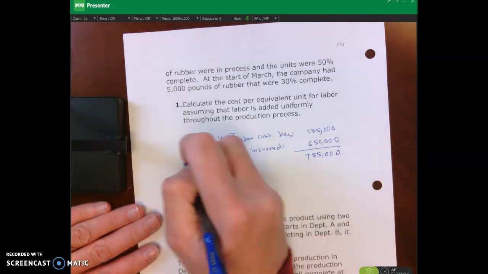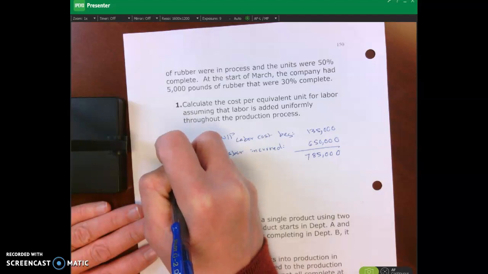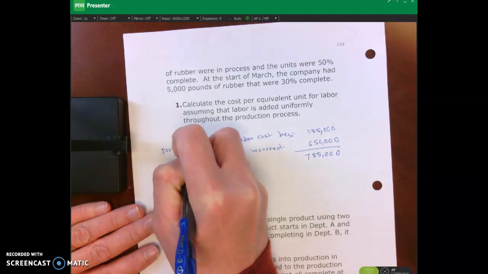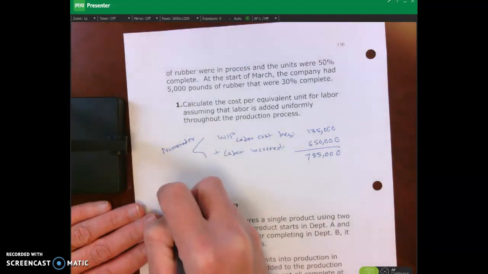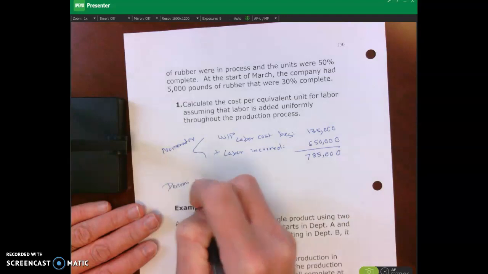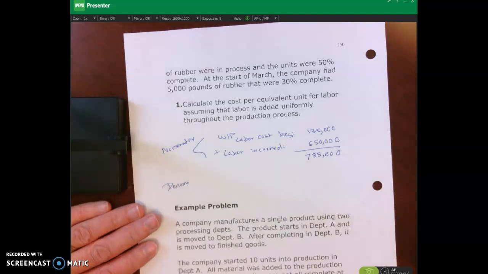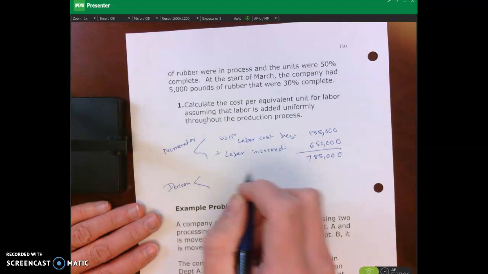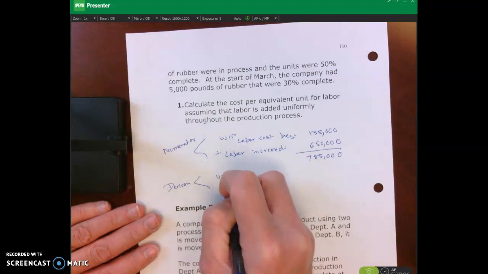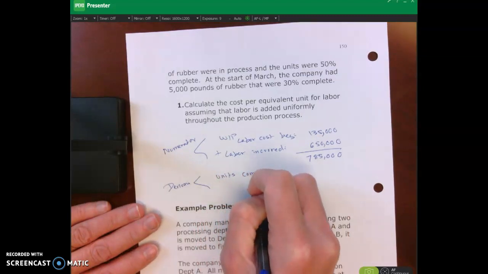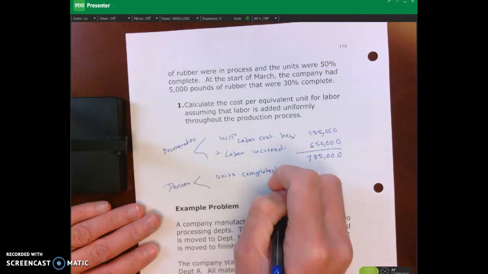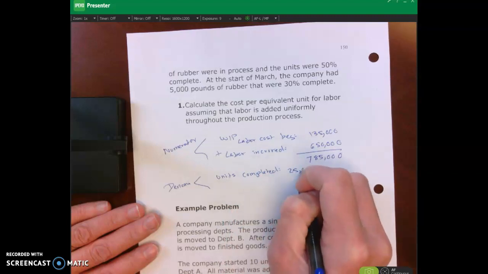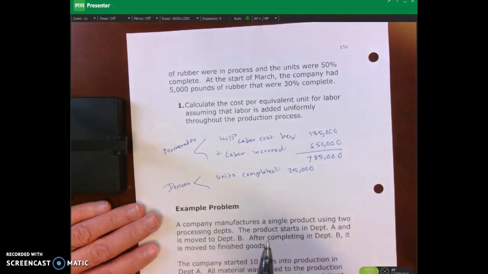This is our numerator. Then we can look at our denominator. Remember we had units completed, which was given to us at 25,000 pounds of rubber.